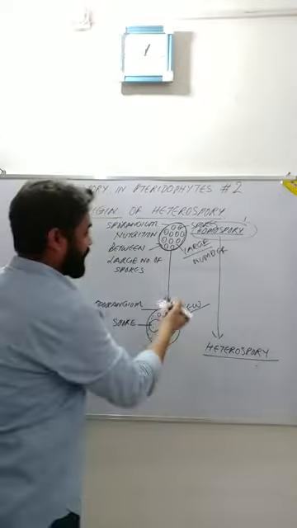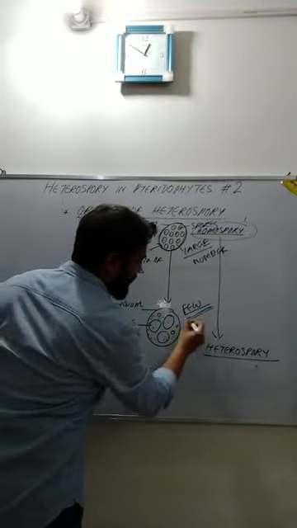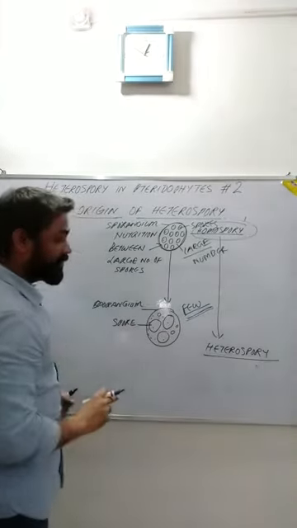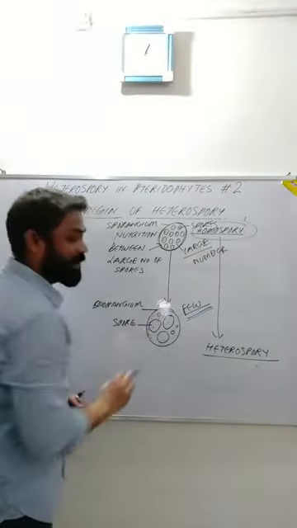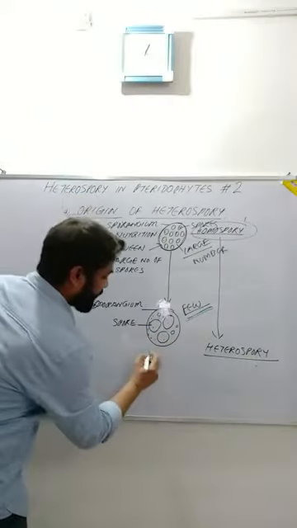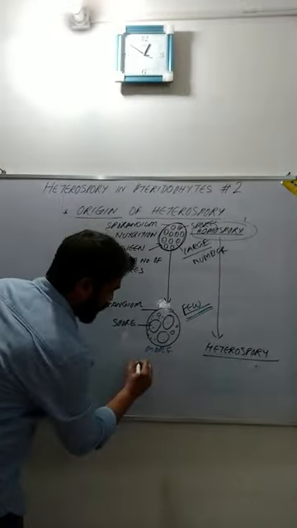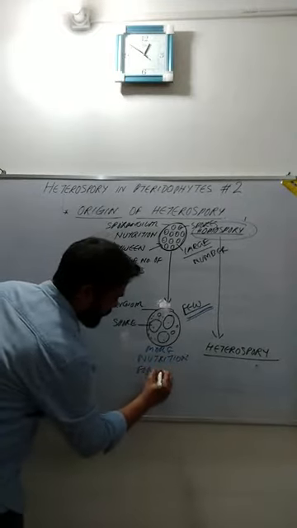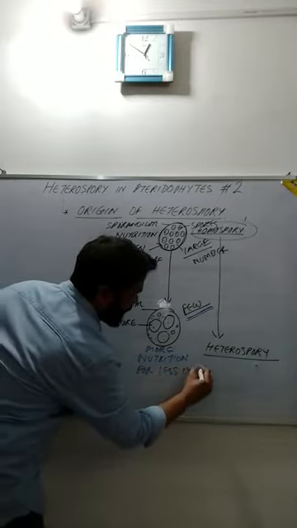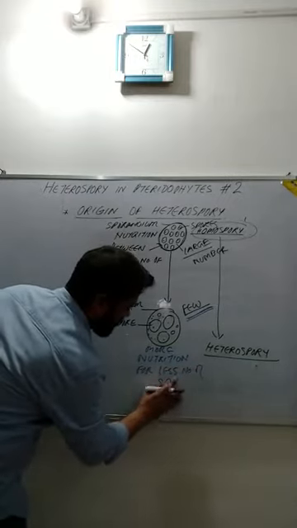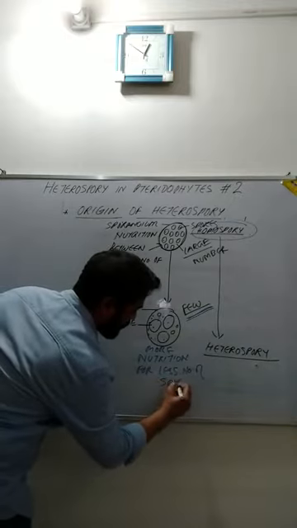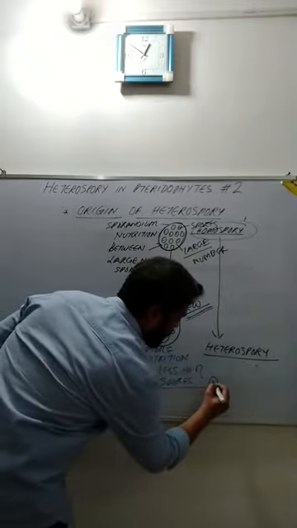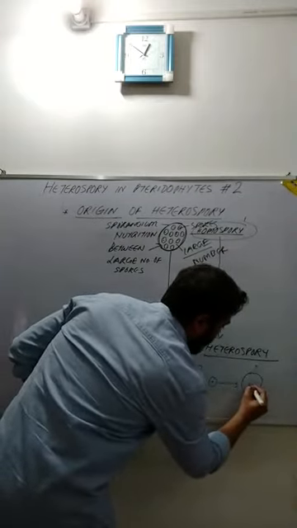Now what happened? As the number became less, that same amount of nutrition in the sporangium is now available to fewer spores, and that's why here we have more nutrition for fewer spores, and that's why the size increases.